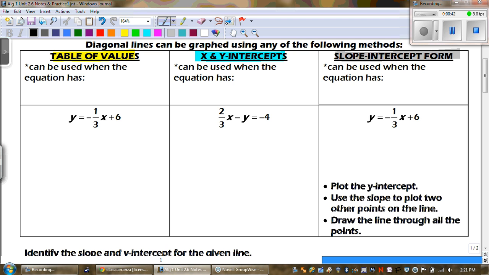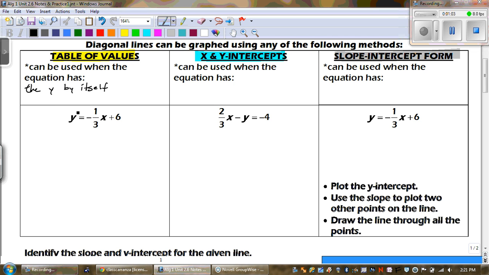Okay, so a table of values can be used when an equation has the y by itself.